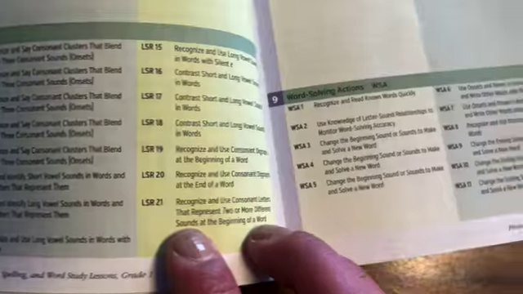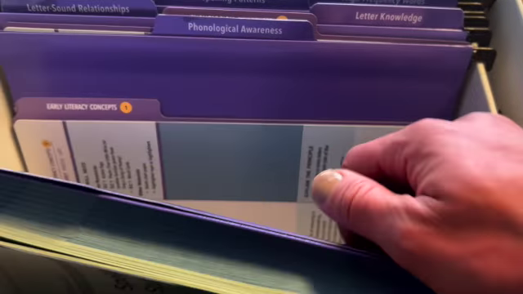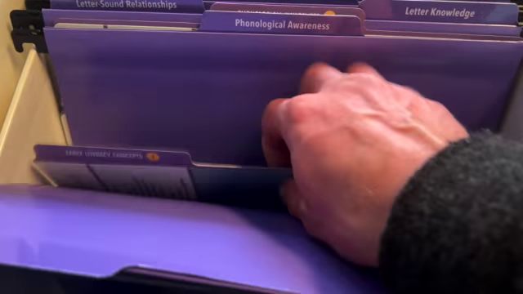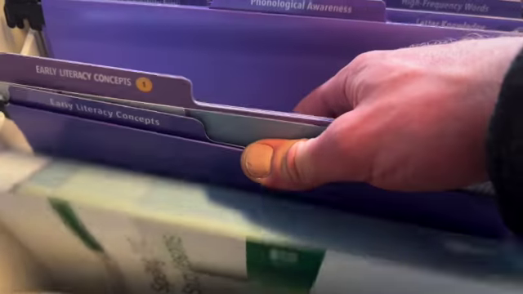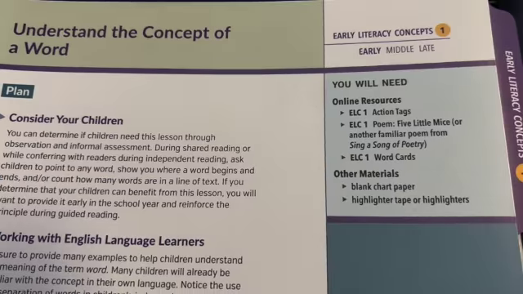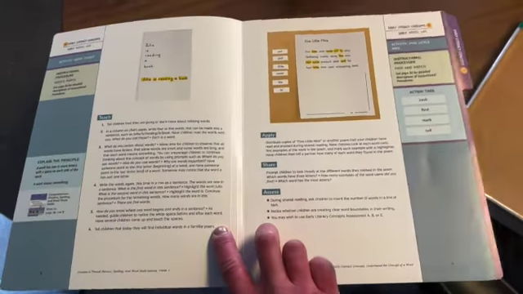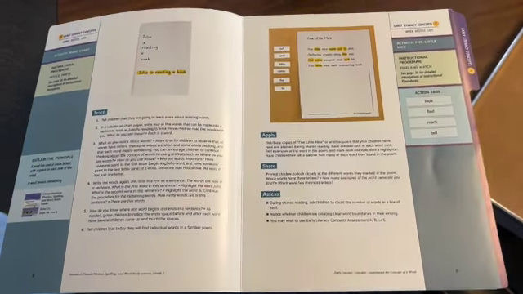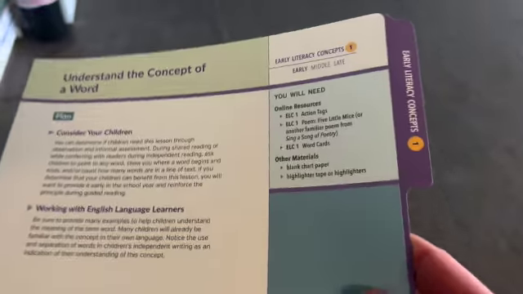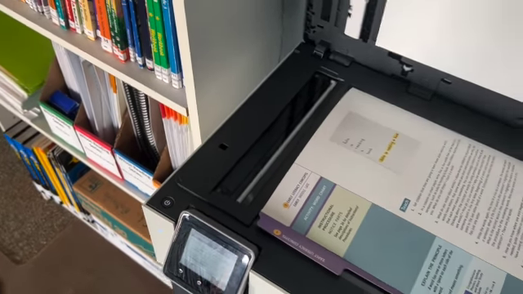Once you find that lesson, you can pull it from the organizational folder here and just go ahead and scan it. If the lesson calls for additional resources, we have those in the back room. When you are done with the lesson, you can return the resources, but go ahead and keep the scanned document.